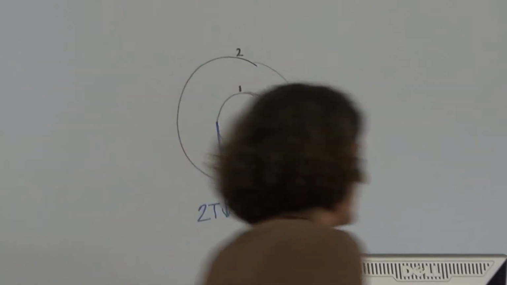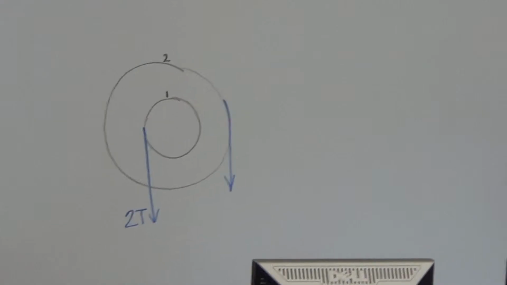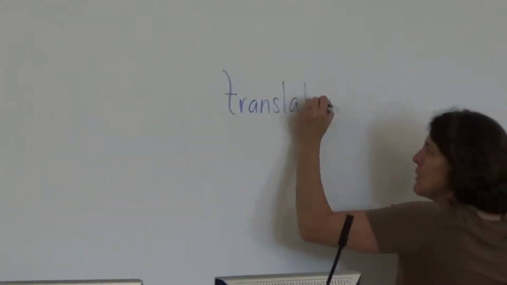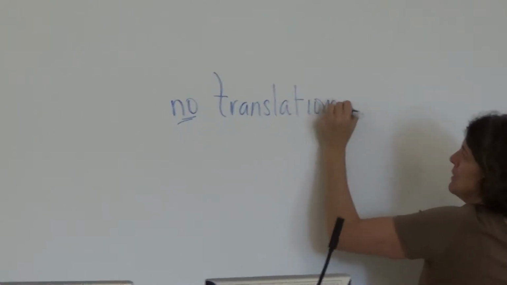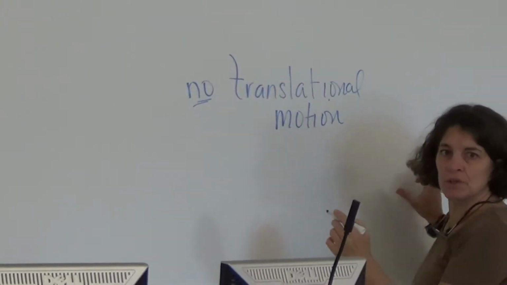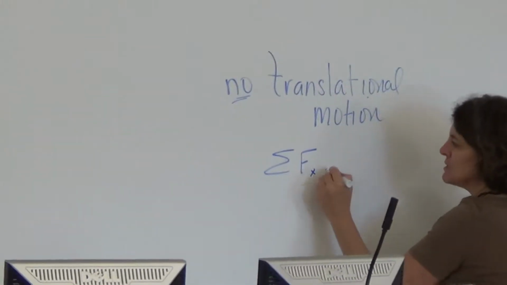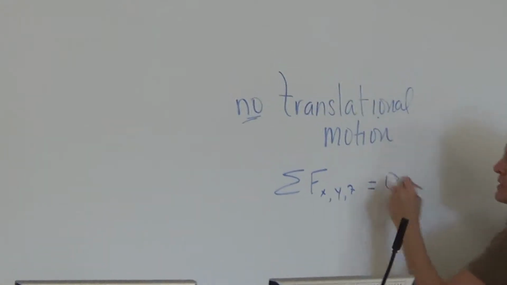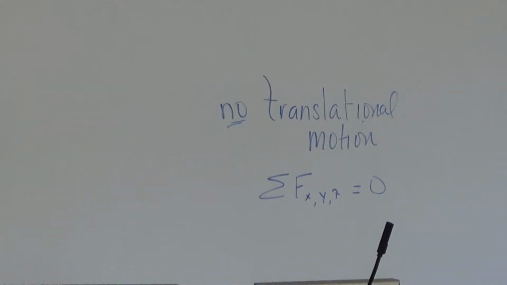So when we deal with no translational motion, what are our static equations that we're using? Right, the sum of the forces in the x and the y and the z is equal to 0, right? And that's all we've been dealing with so far is translational motion.